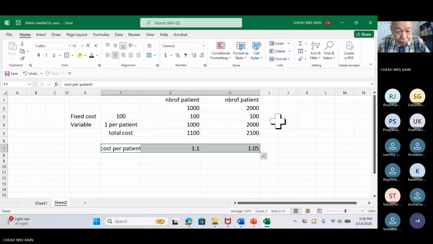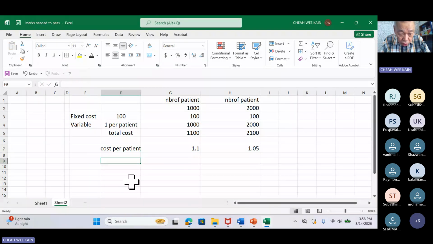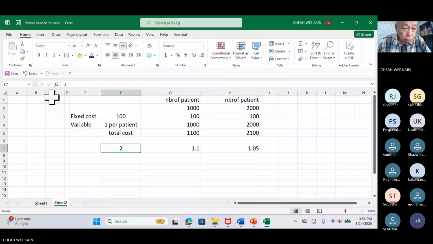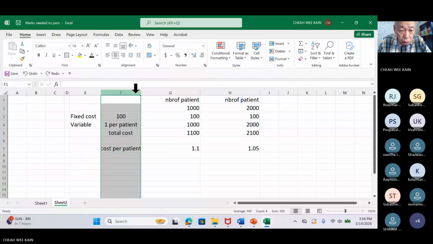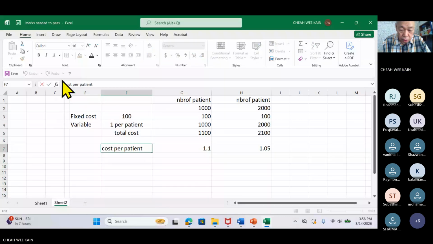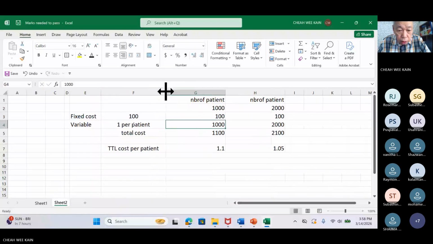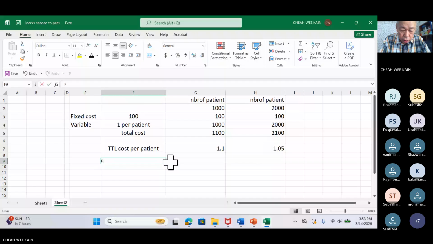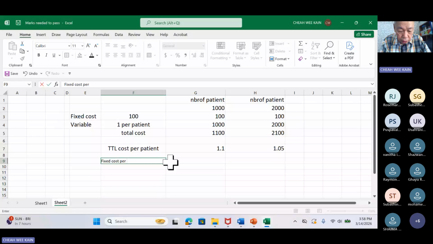Because this can be broken down. This cost per patient, this can be considered as the total cost. So what is the fixed cost per patient?